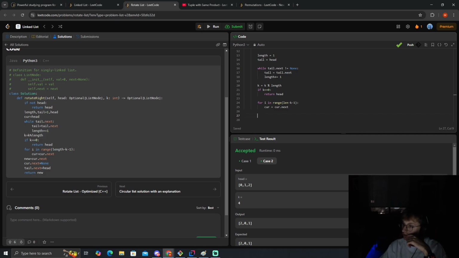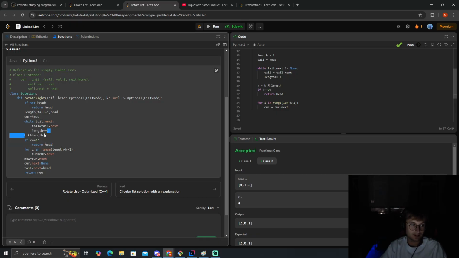But why? I thought it was unnecessary, honestly. Okay, I understand what this is doing. One is checking if k is equal to 0, because then we don't need to do anything, it's just the same list.